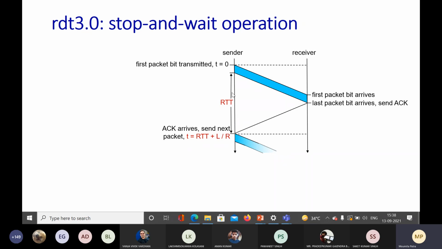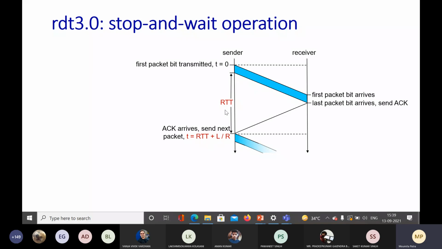This time, as we had seen earlier, from sending the packet, the full transmission of the packet, and then the reception of the acknowledgement, is considered one round trip time, or RTT.